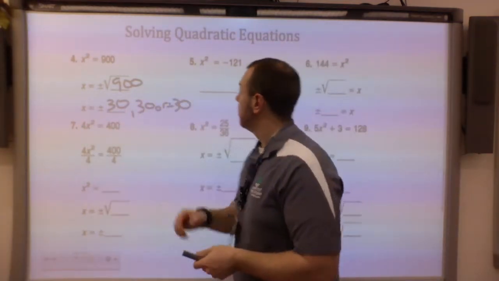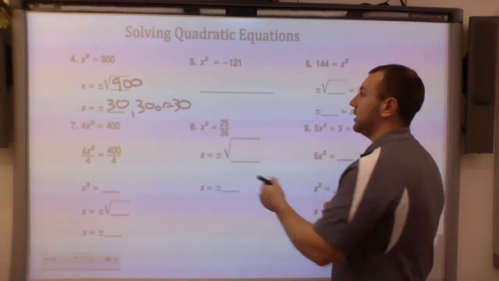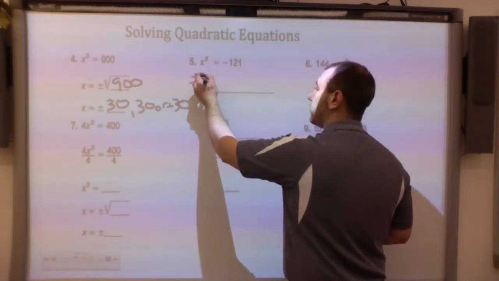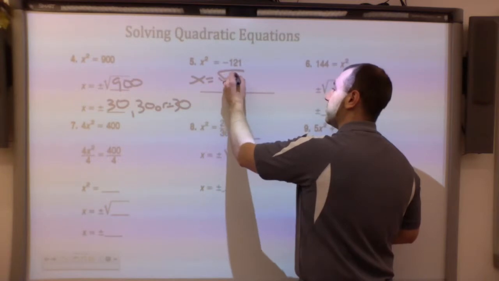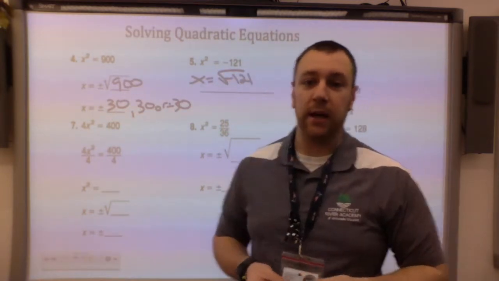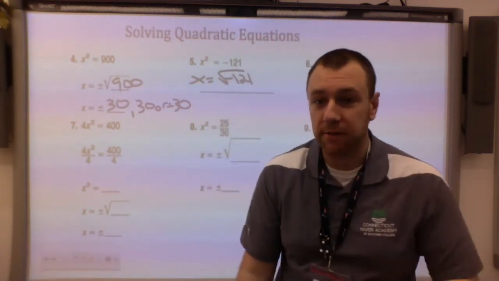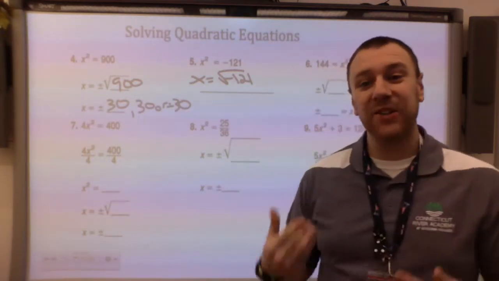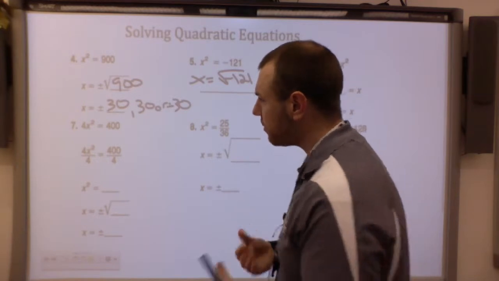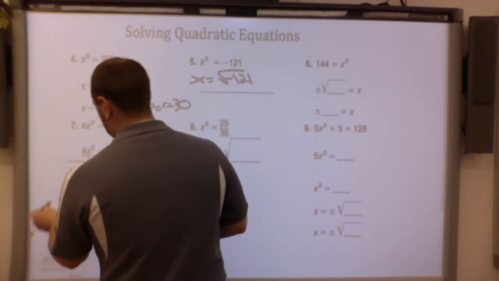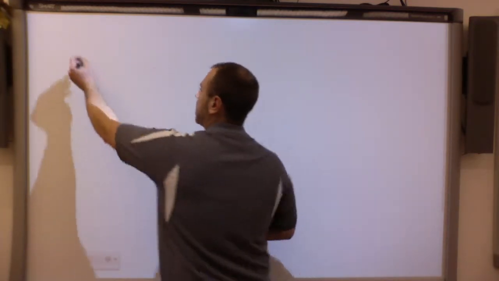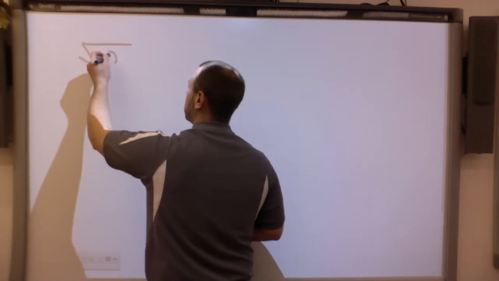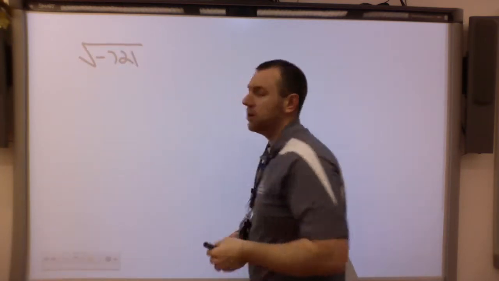In this case, when I take the square root, x equals the square root of negative 121. You might say, 121, that's 11. What we have to account for is that negative sign. Now it's inside the square root. So if we have the square root of negative 121, you might say 11.